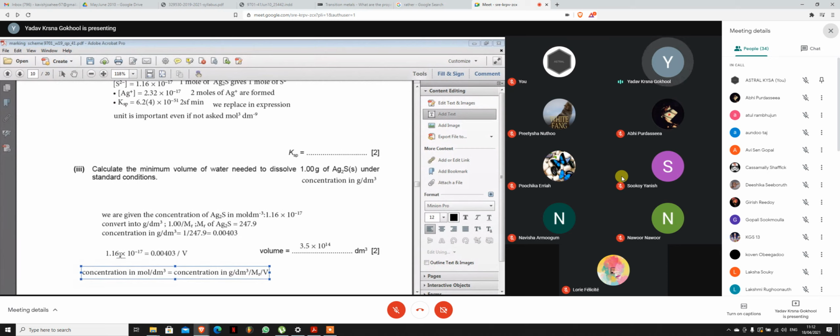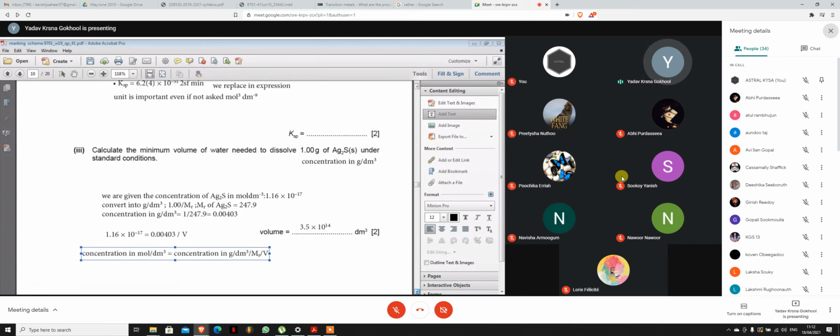So this is what has been done. This is the concentration in mole per dm cube. This is the concentration in gram per dm cube already found. We divide all by the volume, and then we make volume the subject of formula.